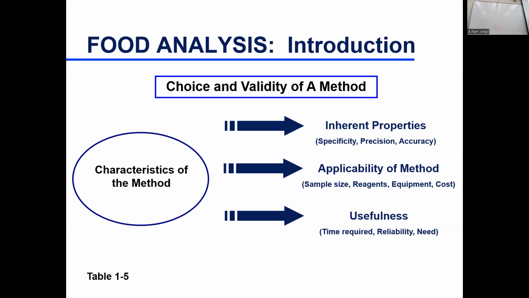So what equipment I have, how much time I can spare, how reliable is this method? And do we really need this analysis, or can we run without it? You have to consider all of this before making a choice of the method. And all of this is summarized in your chapter 1, table 5.